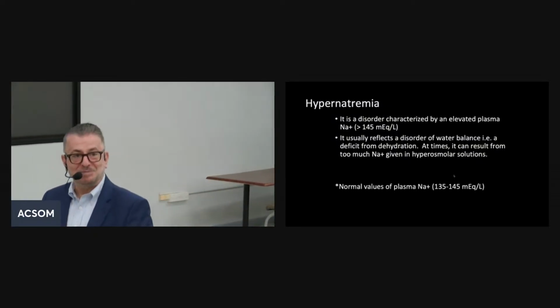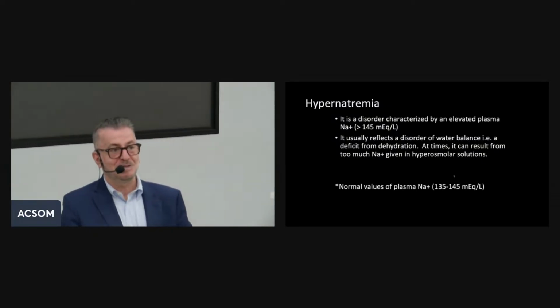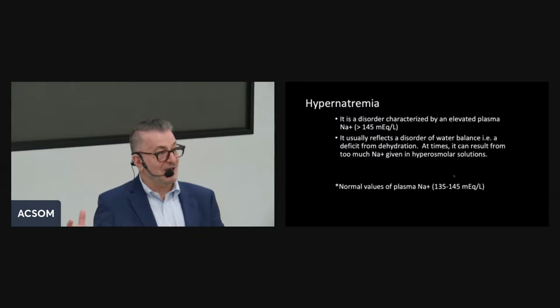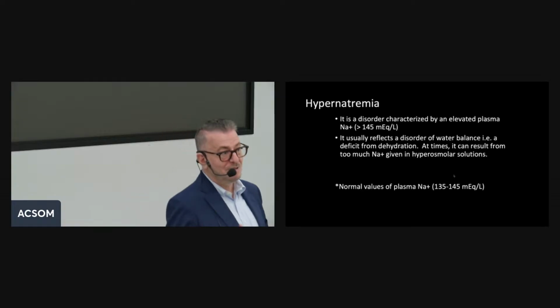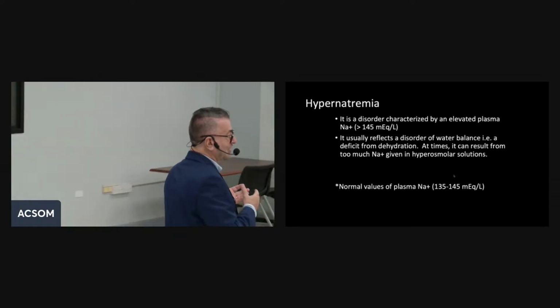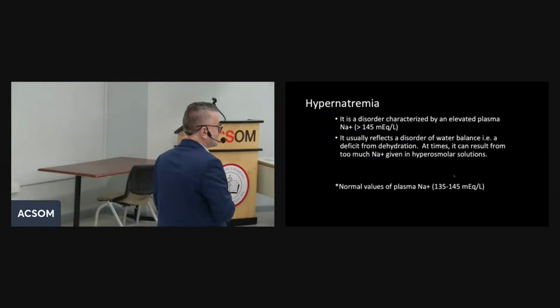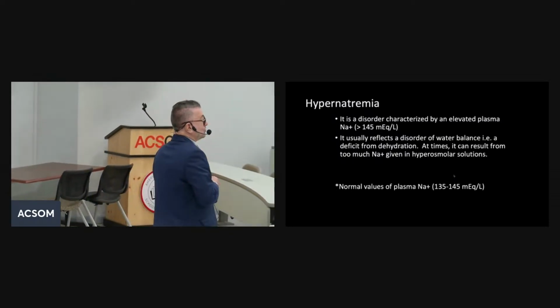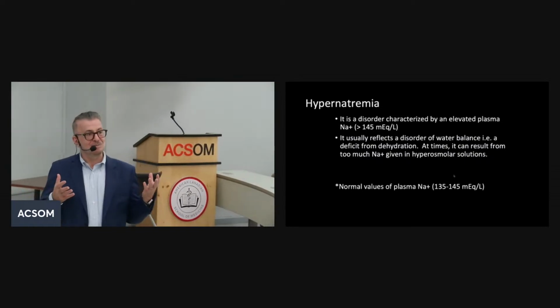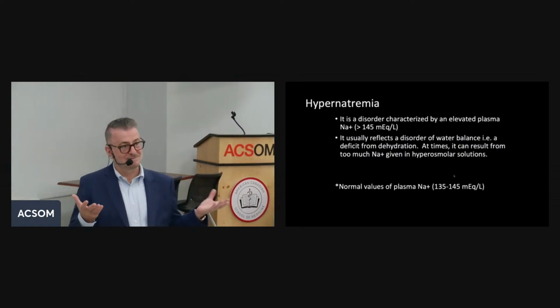So people who get hypernatremic are typically people who don't have access to water, or who are in a coma, or elderly people who may not have a good mechanism of sensing. But in general, for hypernatremia, the treatment is, you give them water, right?